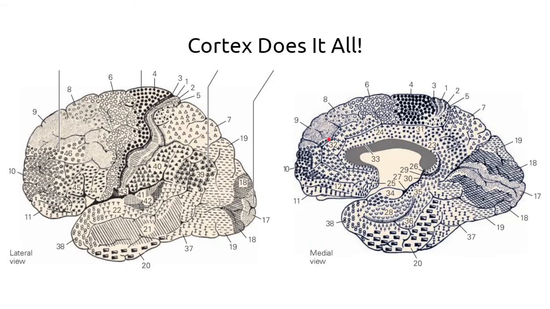The first steps towards breaking down the cortex into different sub areas started being very anatomical. It was just, all right, let's look at it really closely and see if I can see subtle differences in the neural structure or connectivity between these different areas.